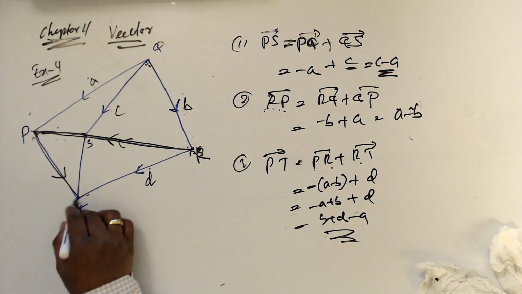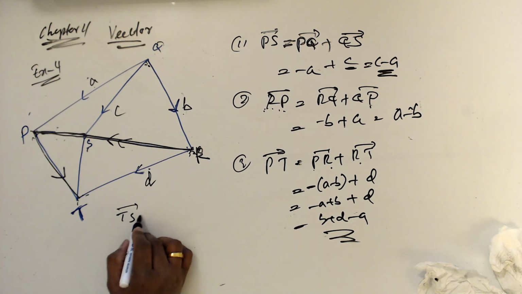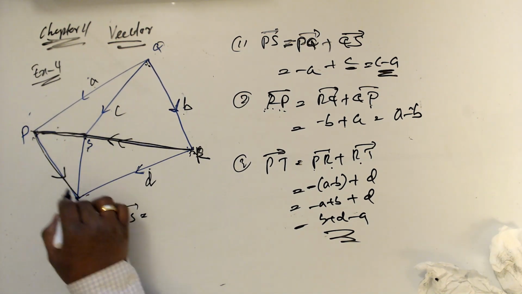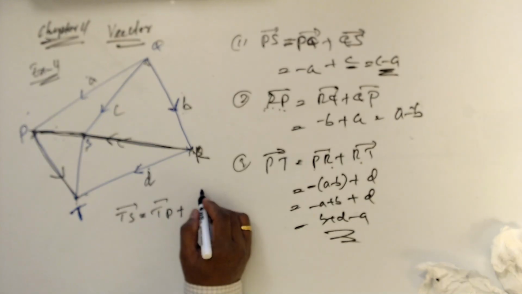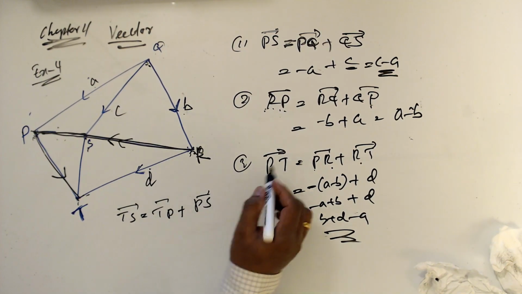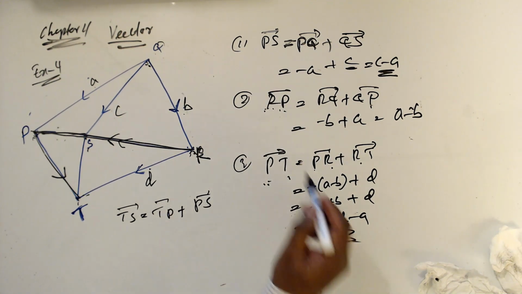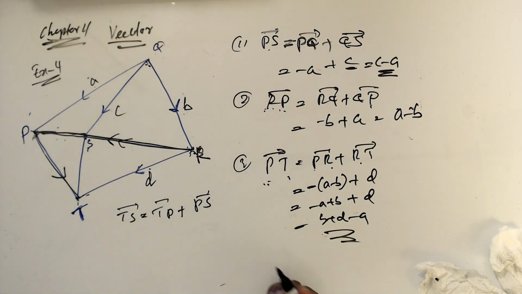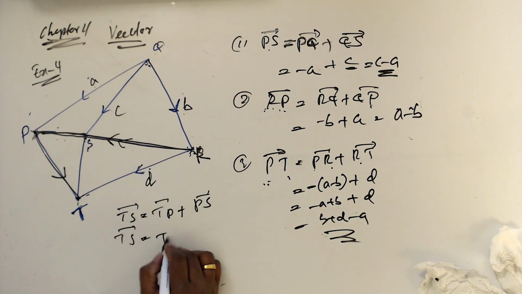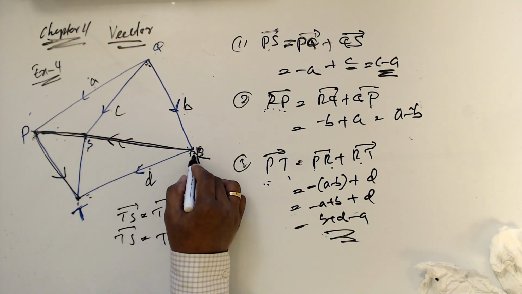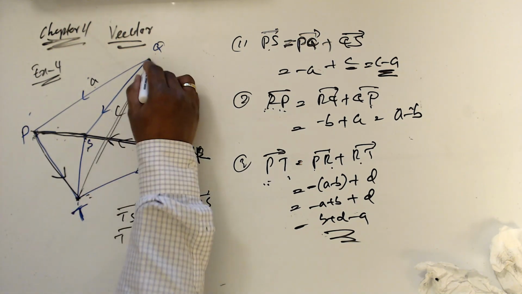Last one is TS. TS you can write as TP plus PS. Because TP we already know, it is the minus of PT, and PS we already know. Or the other way around: TR, RQ. So first of all you find TQ.